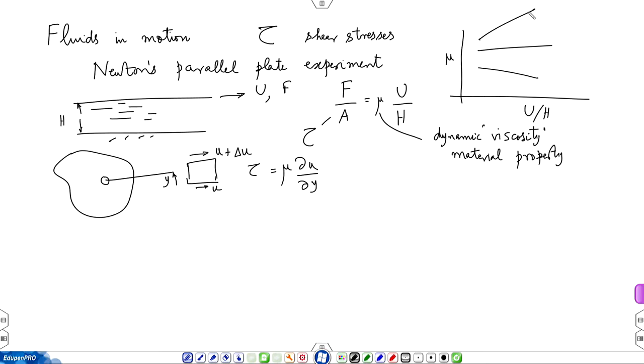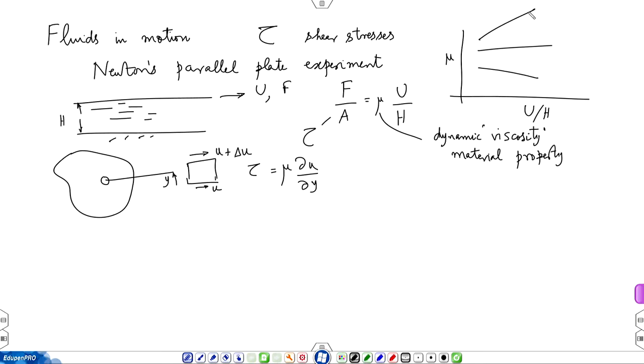But if you think of air, water, oils, these constitute such a massive bulk of fluids or gases, whether it is helium, argon, nitrogen, all of them follow mu equal to constant. So, the sheer abundance of fluids displaying constant viscosity makes this model, shear stress equal to mu times velocity gradient, very, very important.